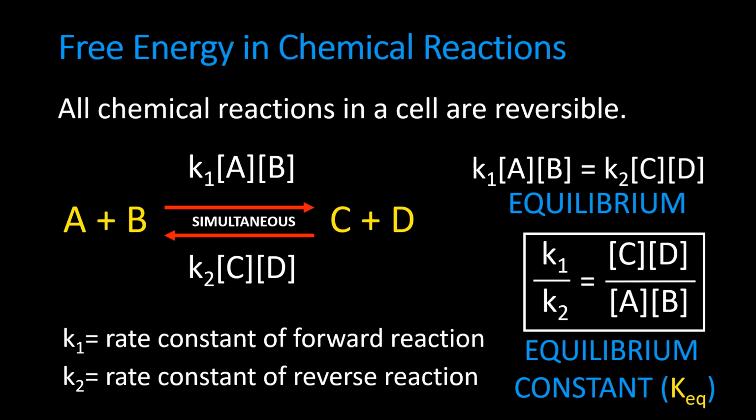So K sub EQ is equal to the ratio of the rate of the forward reaction and the rate of the reverse reaction. So it's a fraction. We will go back to this concept later on at the end of this video.